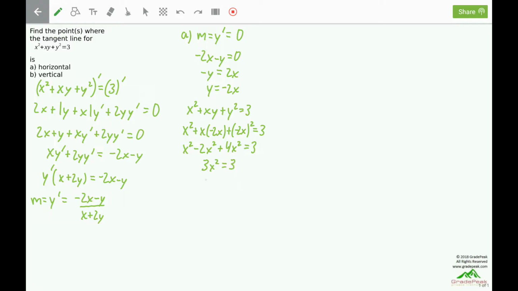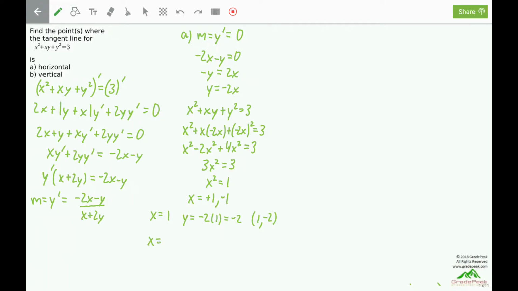1 minus 2 is negative 1 plus 4 is 3, since all of them are x squared terms, equals 3. Let's divide both sides by 3, so we have x squared equals 1, and now we can take the square root of both sides. Do not forget the plus or minus. So we have a positive 1, and we have a negative 1. We're under the condition that y is negative 2x, so we need to find the corresponding y coordinate with each of these x coordinates. So if x is equal to a positive 1, y is negative 2 times 1, which gives us negative 2, so we have an x coordinate of 1 and a y coordinate of negative 2.